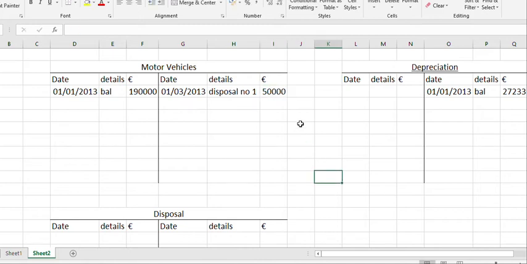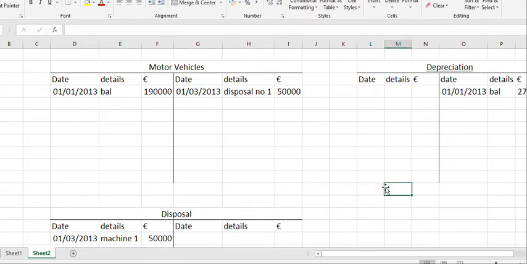So when we credit the motor vehicles account, we must debit the disposal account. So again, 1st of the 3rd, 13, details, machine 1, and the figure 50,000.